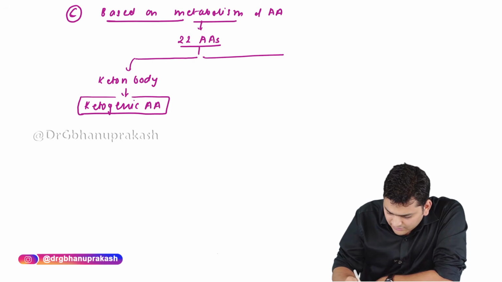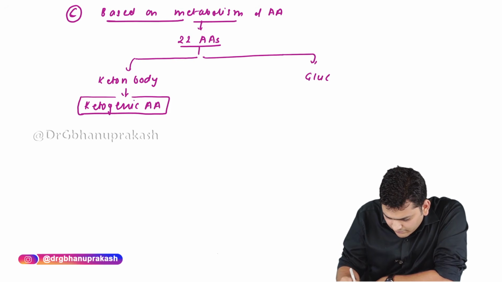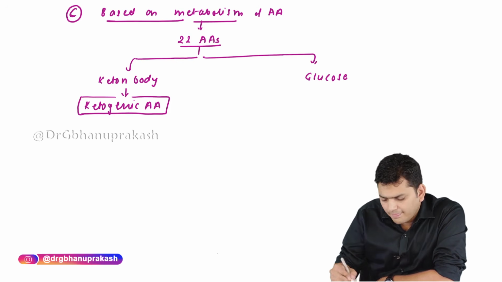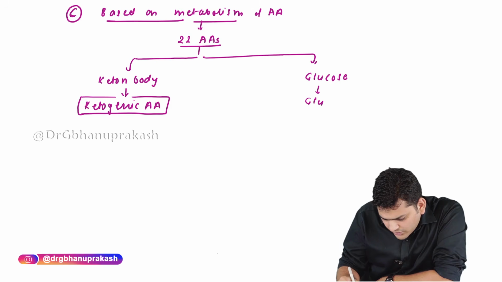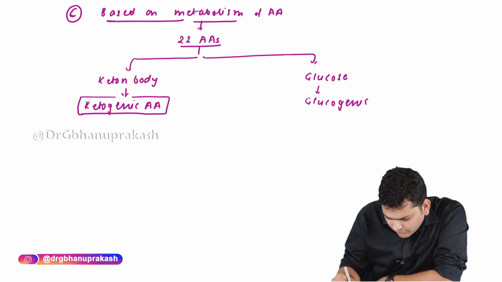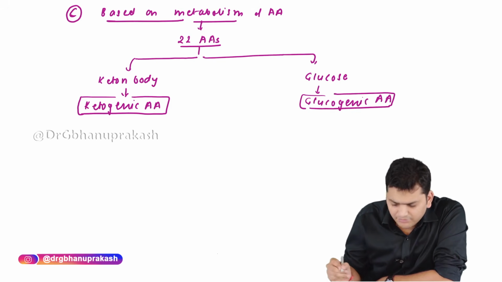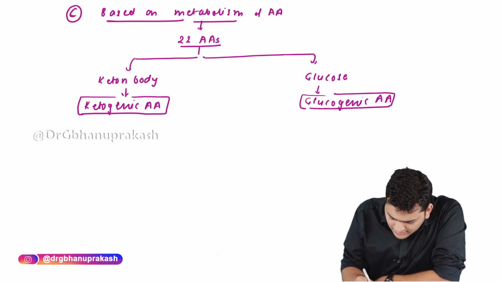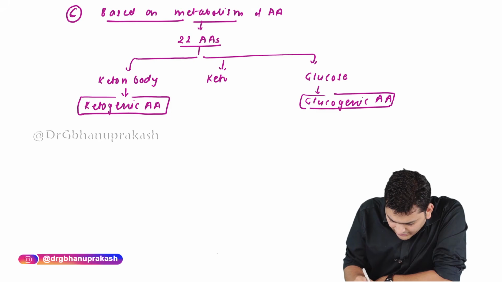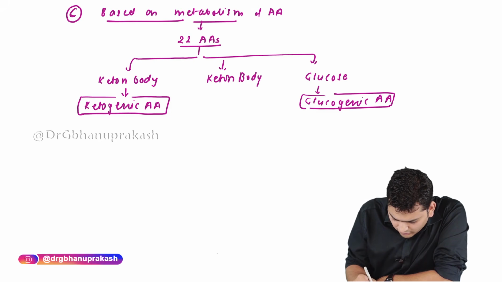There are some amino acids which can generate glucose on their metabolism. They are referred to as glucogenic amino acids. So we have ketogenic amino acids and glucogenic amino acids. There are some amino acids which can generate ketone body and glucose both, depending on the demand of the body.